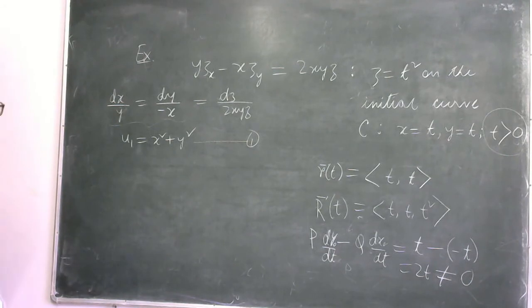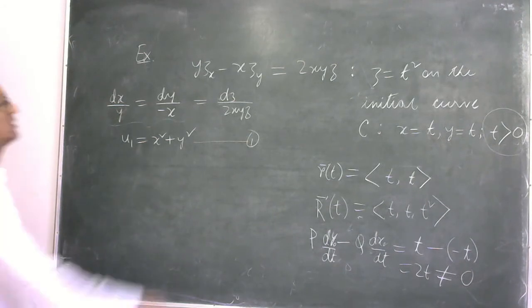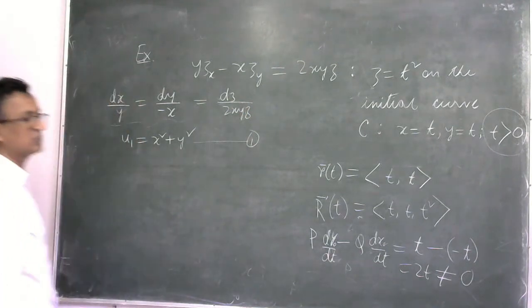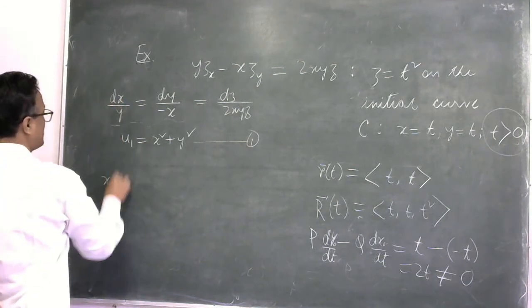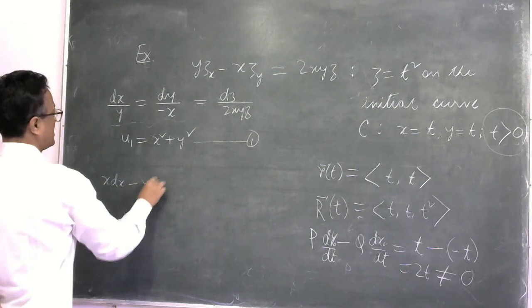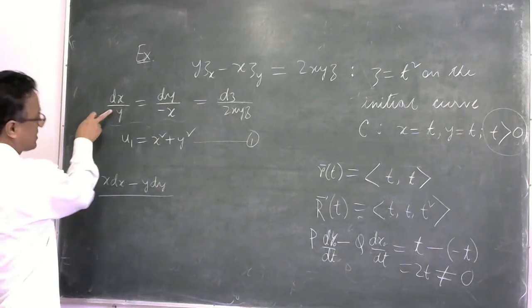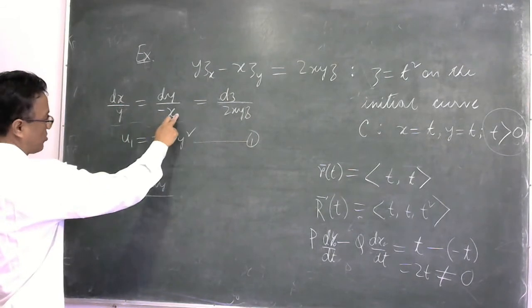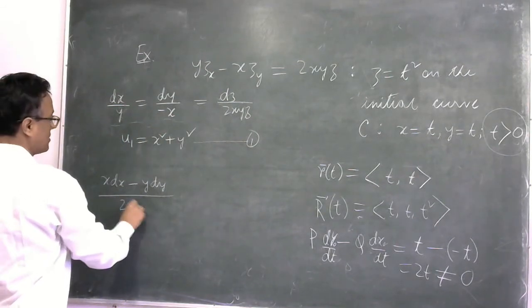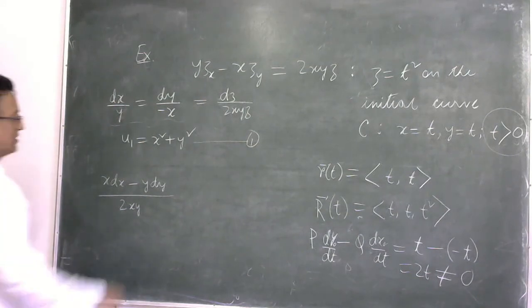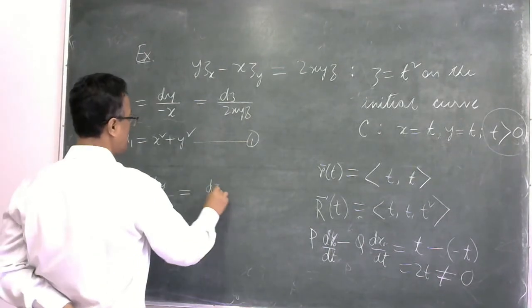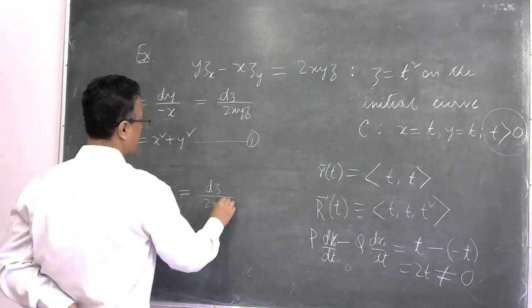Fine? So, how to get the second one? See, I will have then xy minus xy. So this is minus, so 2xy, isn't it? So this is equal to dz by 2xyz.